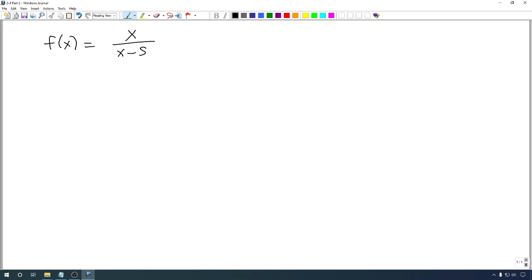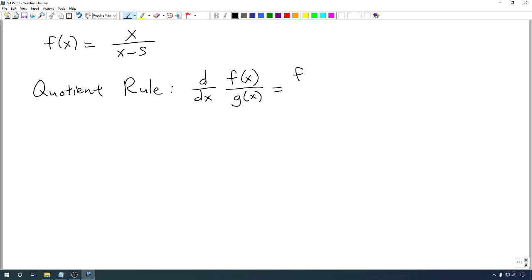So how do quotients really behave? And what kind of rule do we have? Well, part of the formula is going to end up really similar to the product rule. It's what we call the quotient rule. The derivative of f of x divided by g of x. We're going to have the derivative of f, not times or divided by the derivative of g, but actually times g of x itself, minus f of x, not the derivative, but just f of x, times the derivative of g.